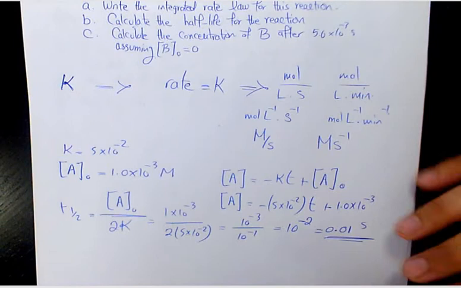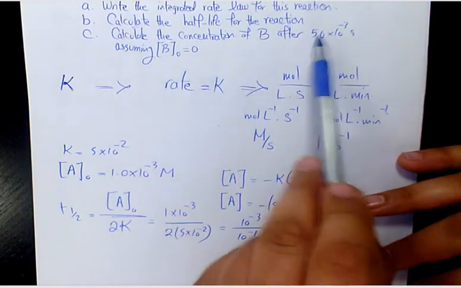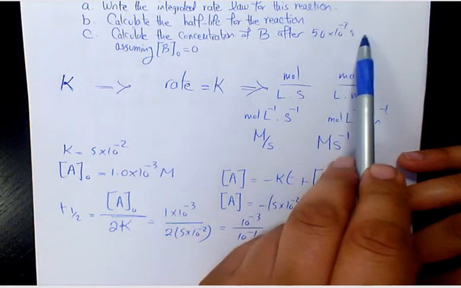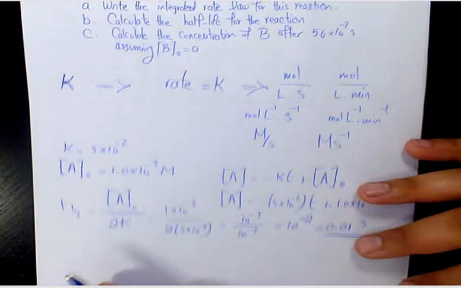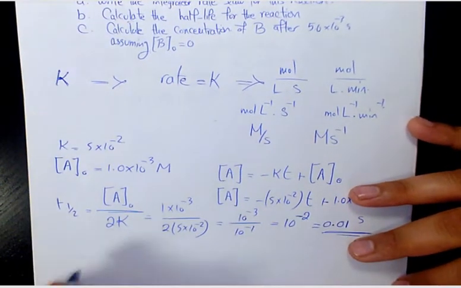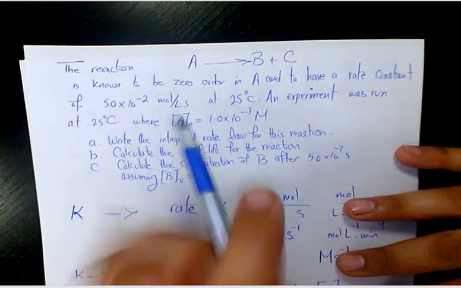Alright. In part C, it says calculate the concentration of B after 5 times 10 to the power of -3 seconds, assuming initial concentration of B is 0. We know the coefficient of A is 1, the coefficient of B is 1 as well.